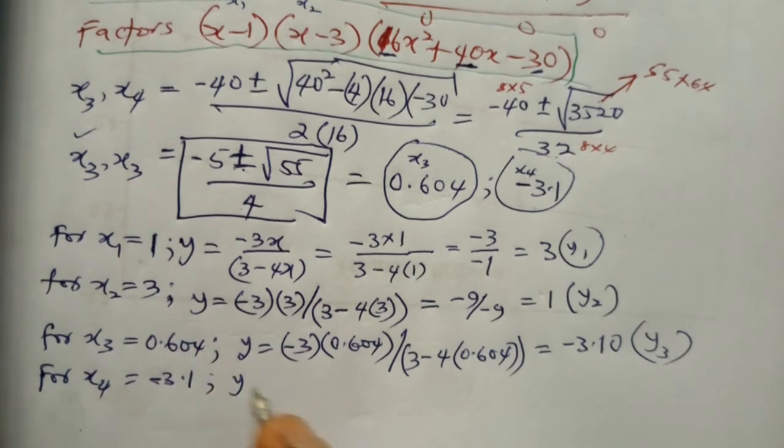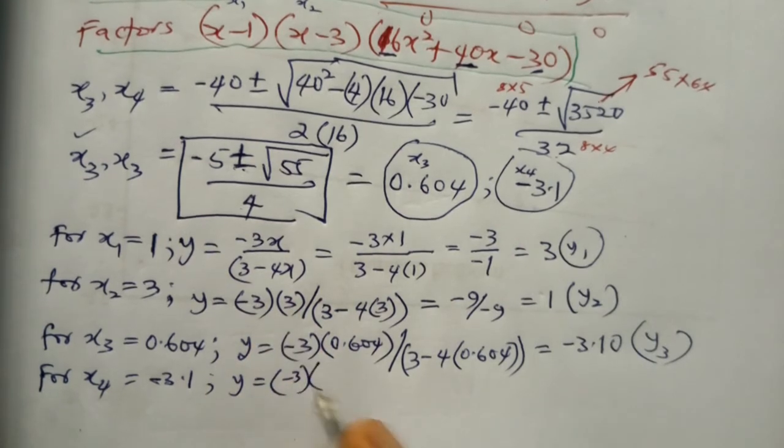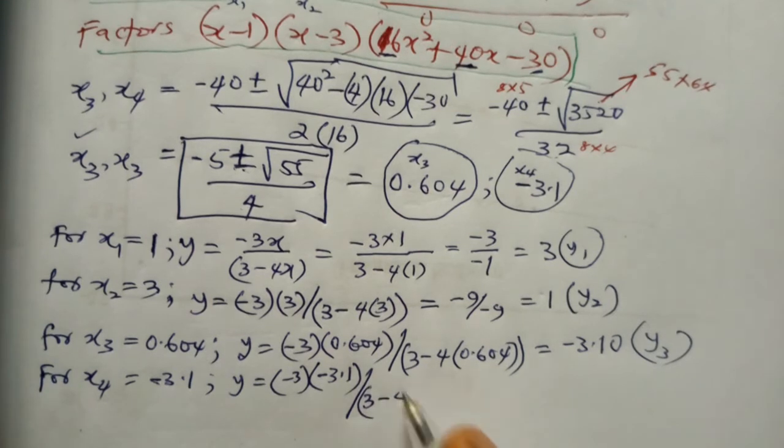Then y will be minus 3 times minus 3.1 all over 3 minus 4 times minus 3.1.